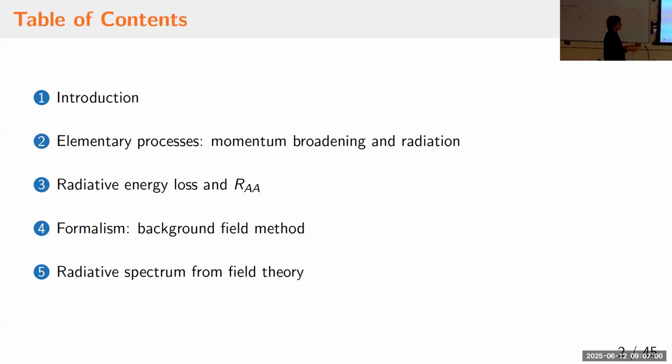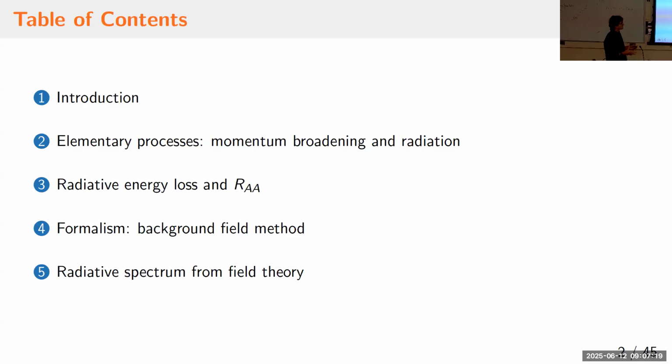Once I've discussed the elementary processes, which are radiative processes and elastic processes, I'll show how we can use this knowledge to understand the physics of jet quenching, which is observed in heavy ion collisions.